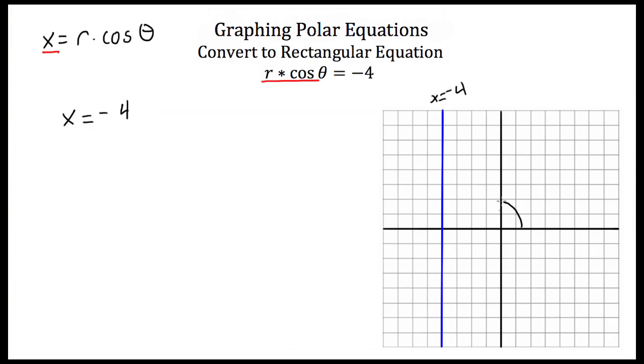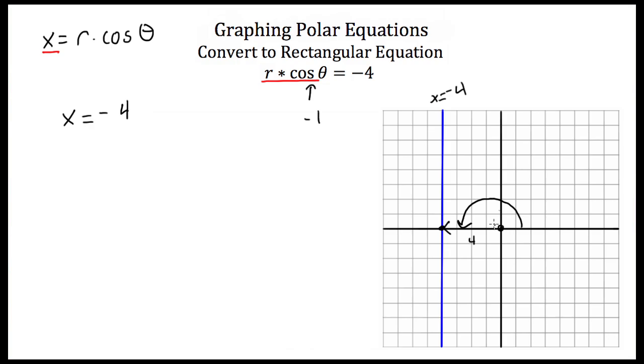As theta approaches 180 degrees, this cosine term approaches -1. You'll also notice here that the r value is equal to 4. So 4 times -1 is how we get this point.